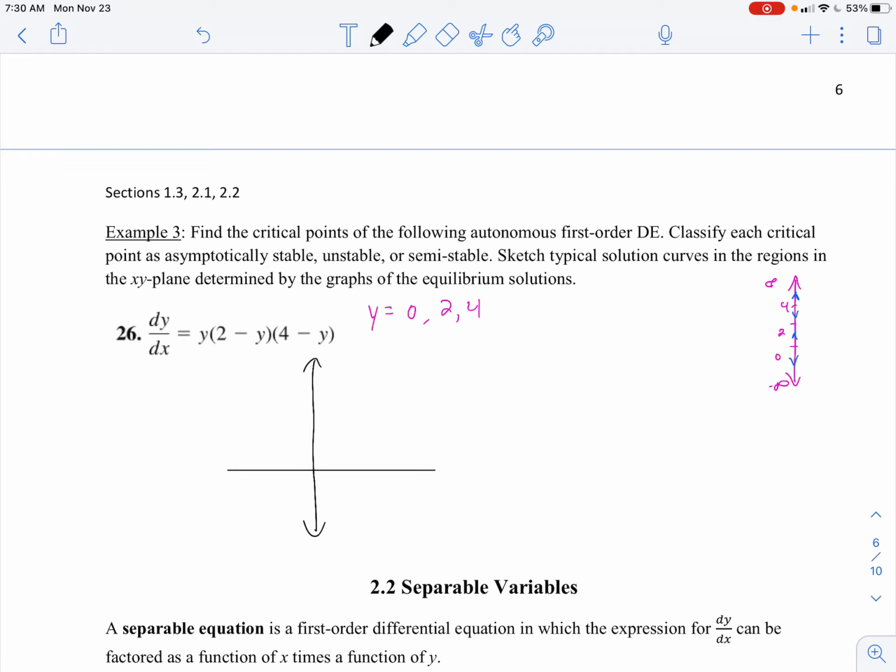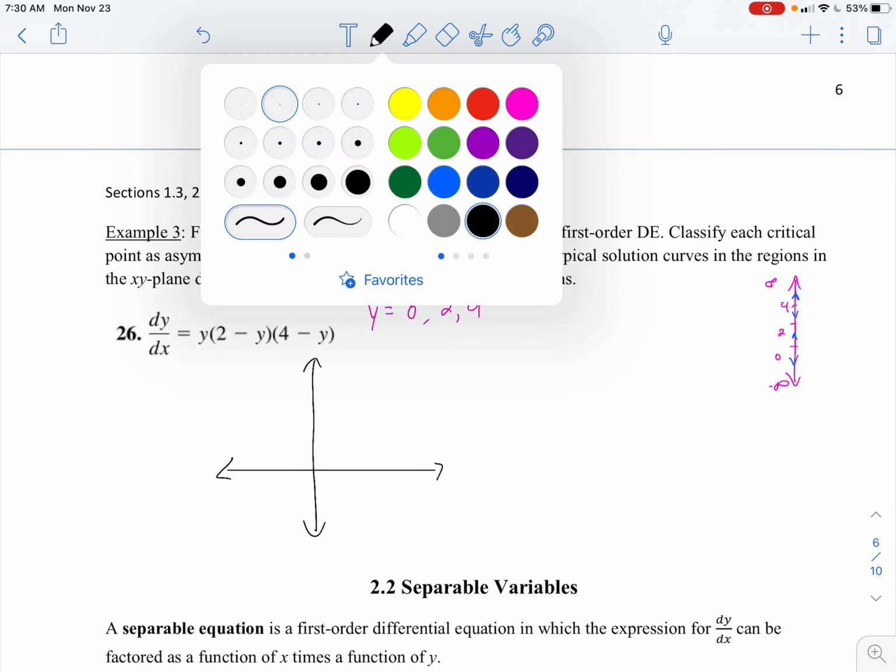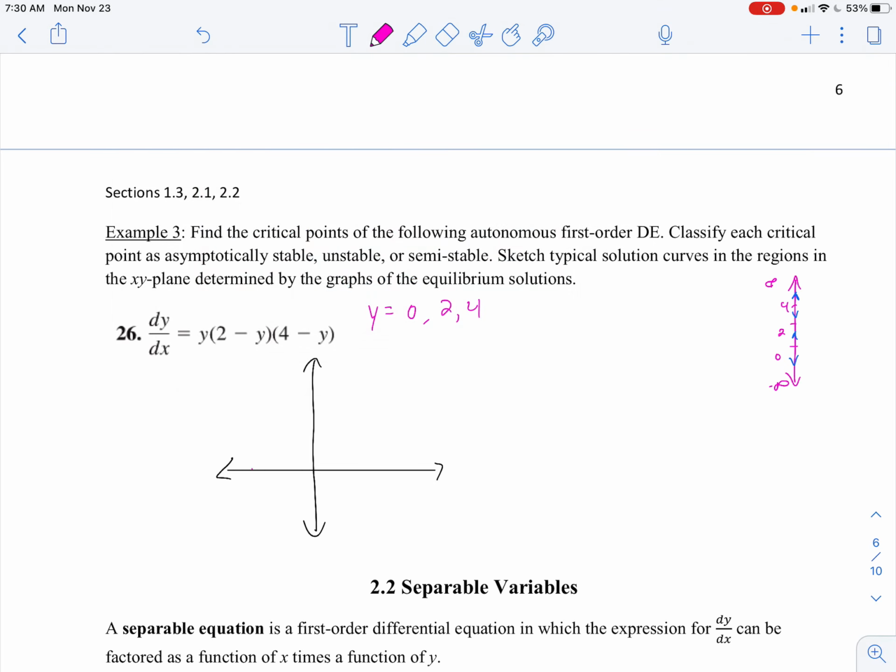Make that straight. Again, critical points are at 0, 2, and 4, so I'm going to draw my lines there. There's my line at 0, my line at 2, and then my line at 4.